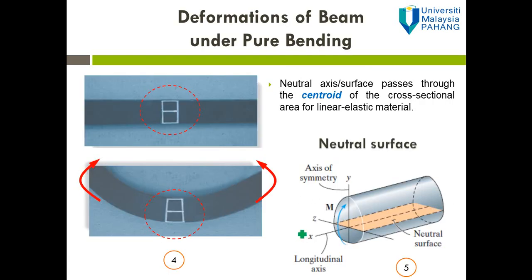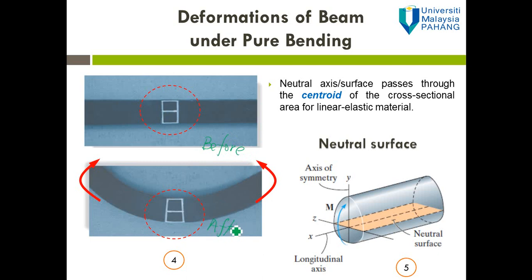Alright, so now let's look at the deformation of a beam under pure bending, as shown in picture 4. We can see there is the beam before deformation, and the other one is after deformation.